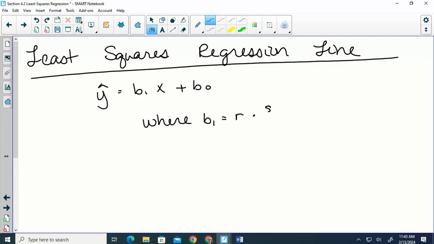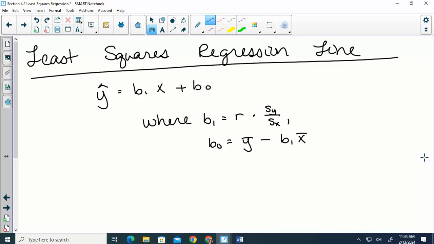Times the standard deviation in y divided by the standard deviation in x. The y-intercept is the mean of the y values minus your slope times the mean of the x's. This again is all on your formula sheet, so it's just a matter of being able to use the equations.